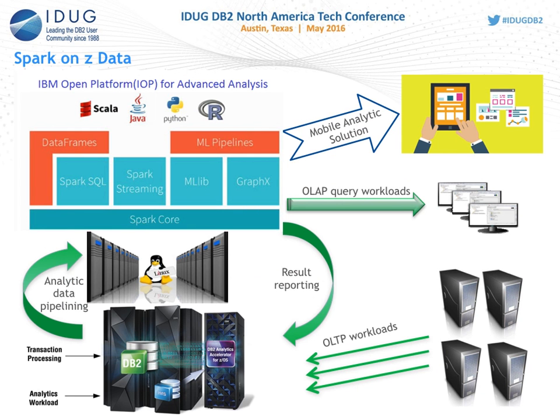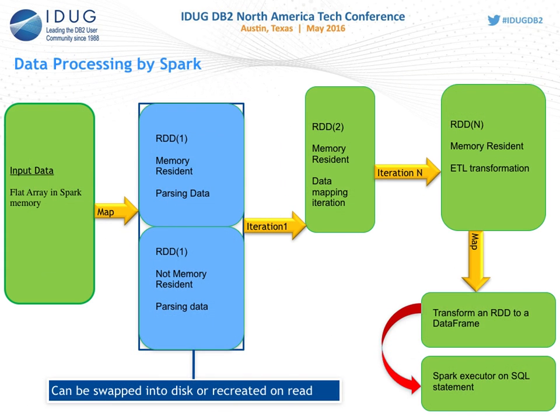Basically, it becomes the data frame in the Z Linux box, and we can run queries showing on the mobile or OLTP front end. The OLTP continuously runs against DB2. The way it works is we load the data and map it into Spark memory.